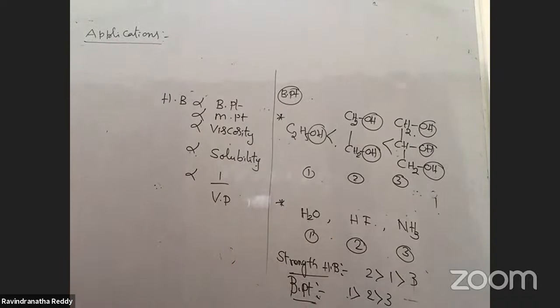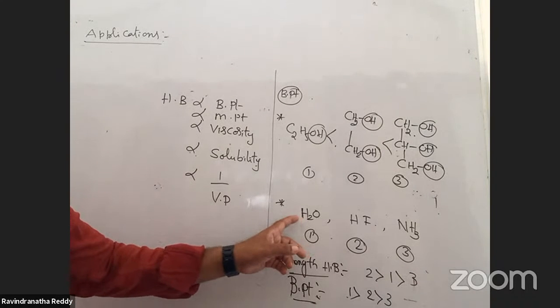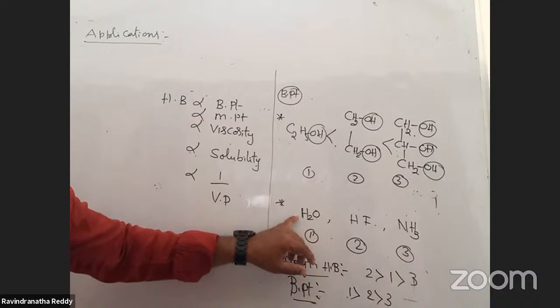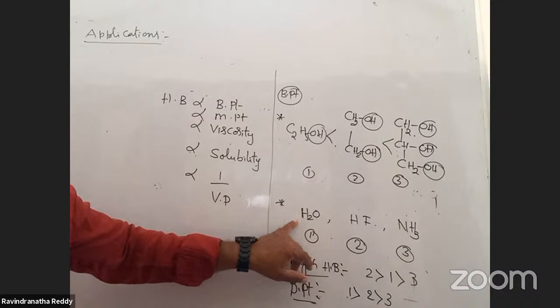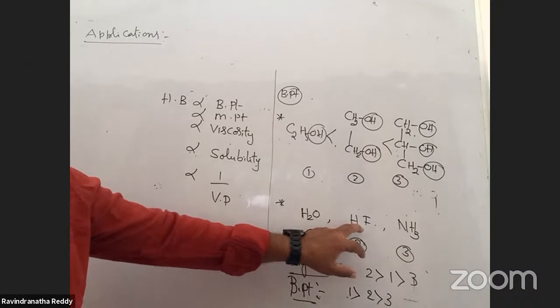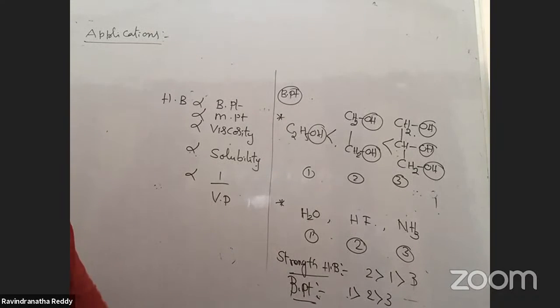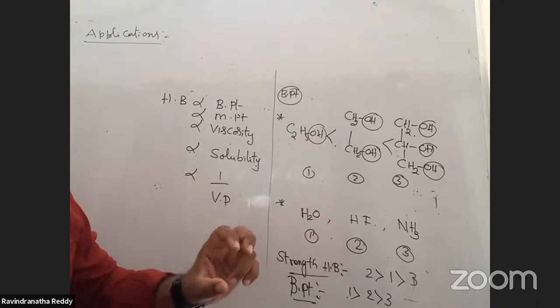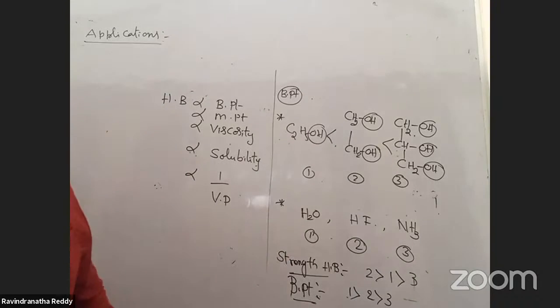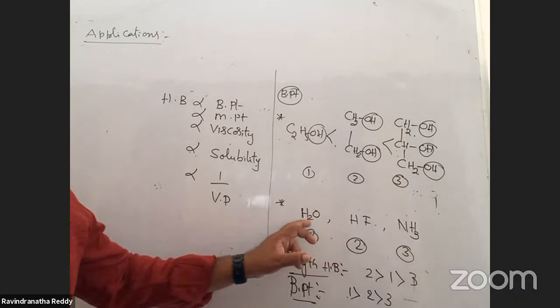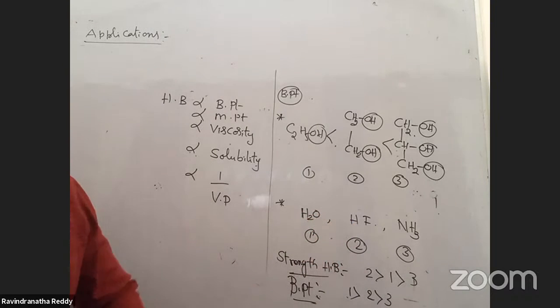That is the reason: the water molecule forms more hydrogen bonds, and bond energy is more. The HF molecule can form 2 hydrogen bonds, but the NH molecule, 3 hydrogen bonds. In all conditions bond energy is not the same. NH bonds, HF bond, OH bond, bond energy is different.